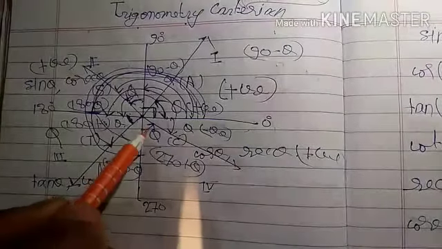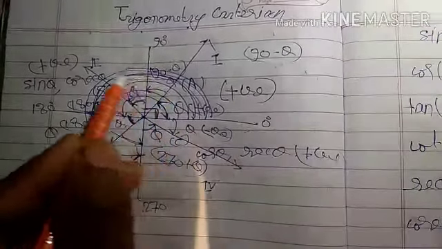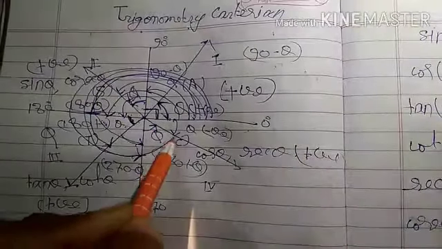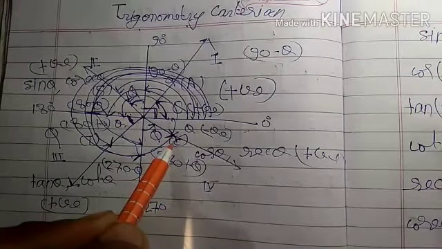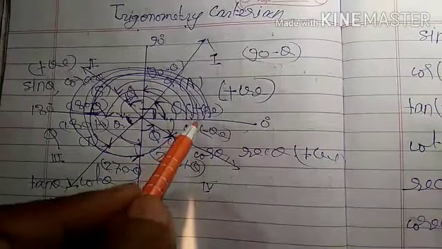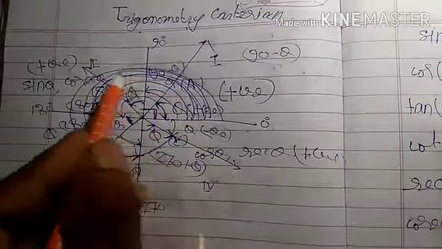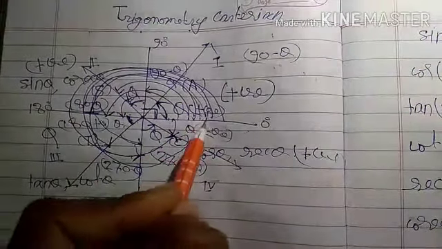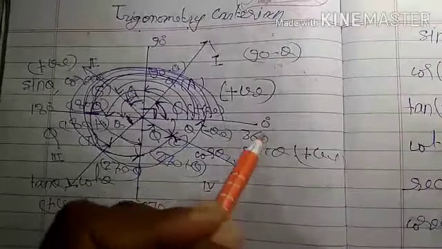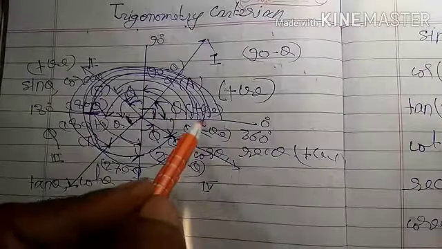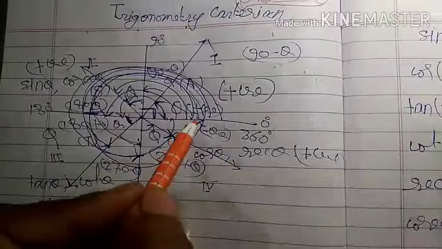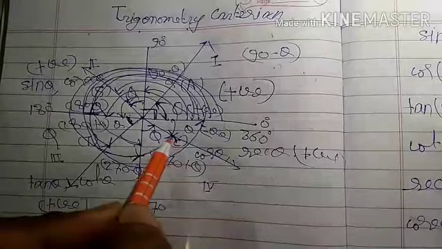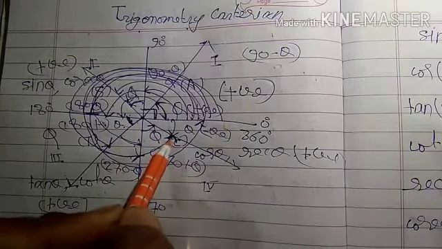So next, this angle is suppose theta, and we know that one full round is 360 degrees.